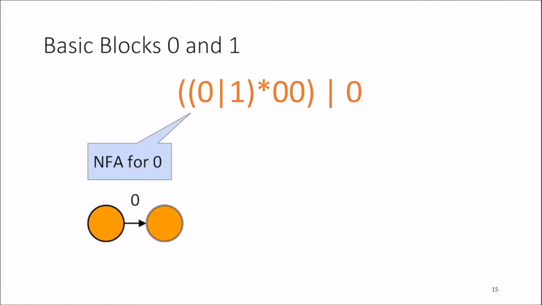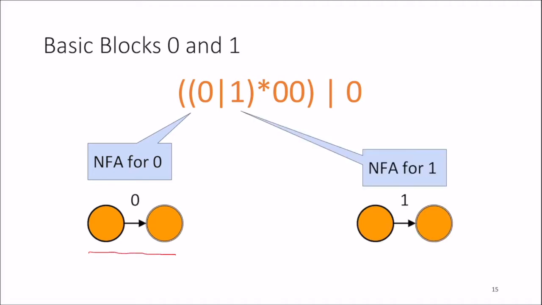The NFA for 0 is really simple. It's this NFA over here, and the NFA for 1 is over here. We're going to use the NFA for 0 and 1 in all of these cases. The one for 0 is going to be used in all of these instances as well.